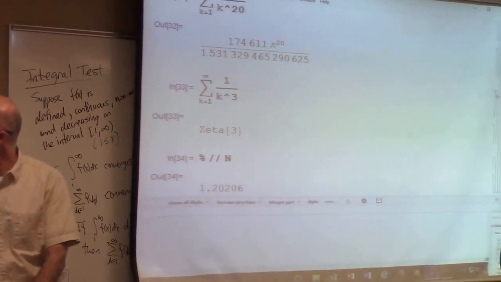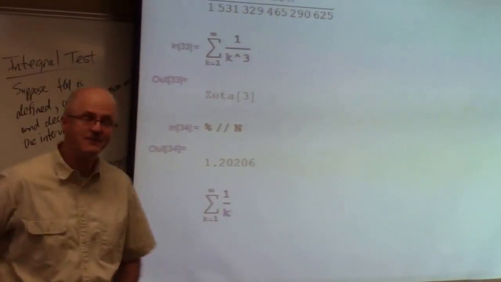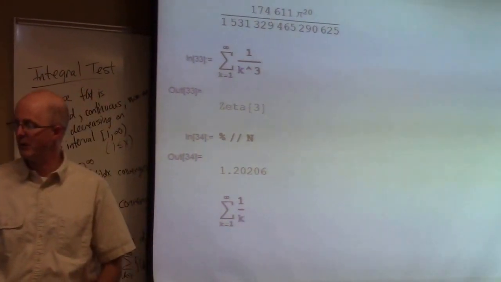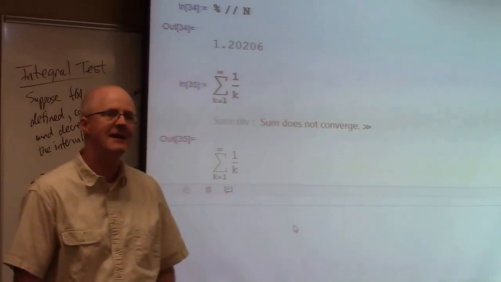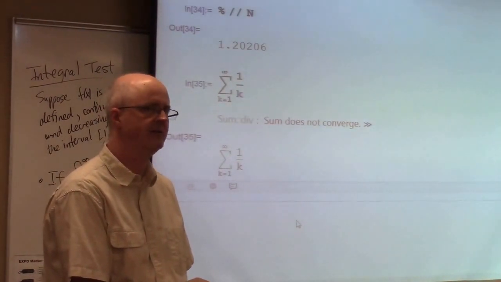And if p, remember, is less than or equal to 1, like 1, if I add up reciprocals of the integers, that turns out to diverge, and Mathematica knows that. Sum does not converge. That particular series has a name. It's called the harmonic series. It's very famous.